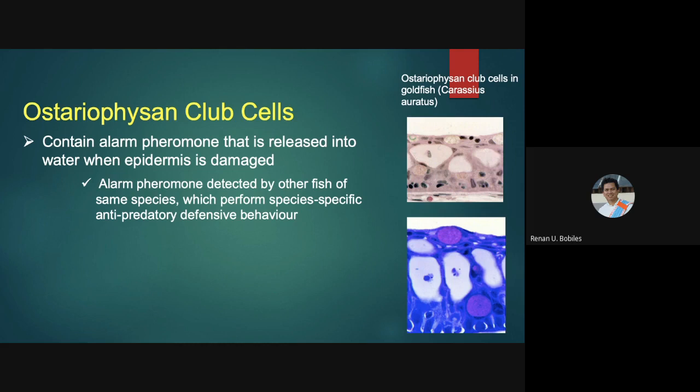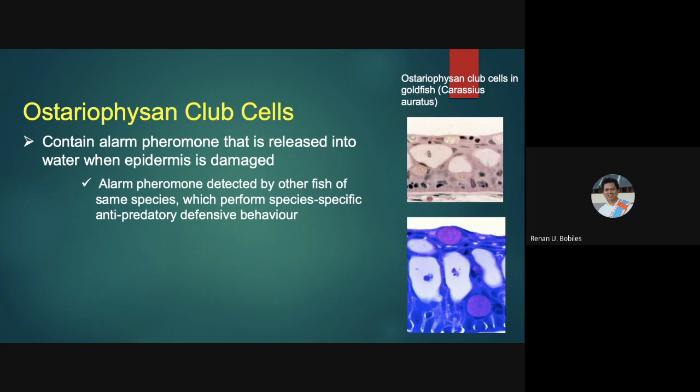It acts as a signal. Di ba sabi natin, ang integument acts as a receptor. Okay? It acts as a receptor. So yan. As a receptor, in Ostariophysan club cells, when this pheromone is released as a result of the damaged epidermis caused by a predator, it sends a signal.